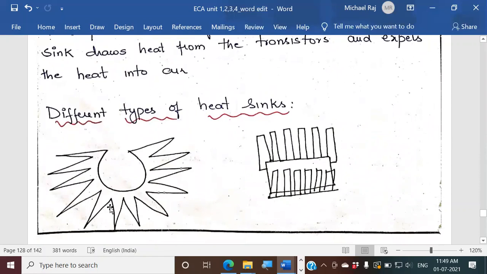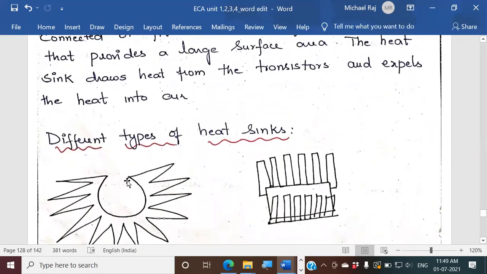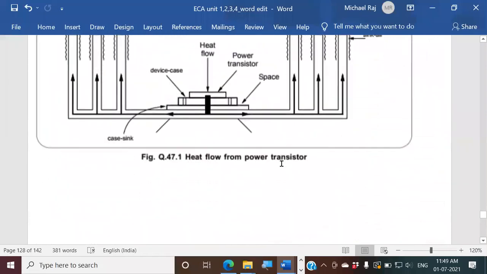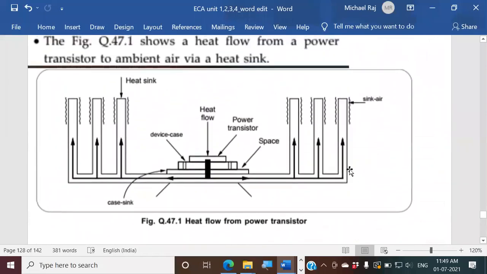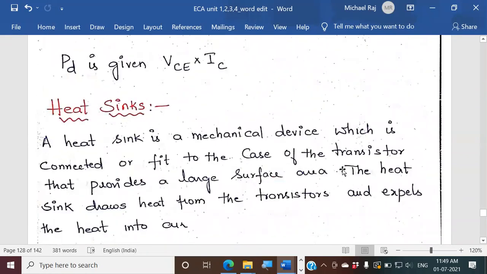Say you have a transistor. These are the different heat sinks. You connect the transistor here, to this particular shape or this shape. What happens is the surface area is more, so the heat transfer will also be more. That is the basic idea we will use when we consider a heat sink. So how to increase the surface area?